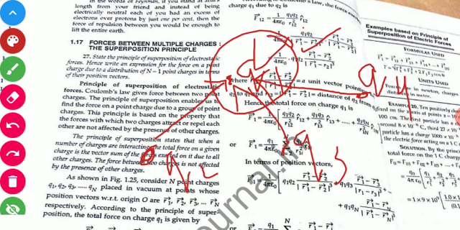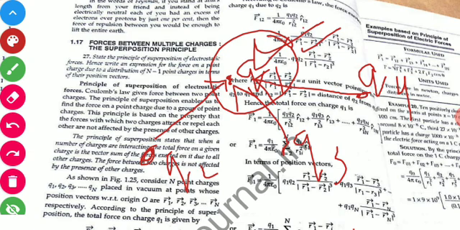According to this, if a number of charges are applying force on one charge, we can calculate the total force by just summing up all the forces applied by the other charges.